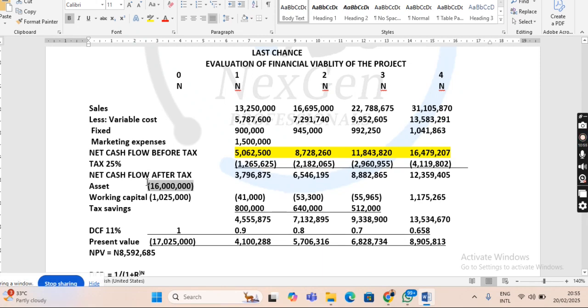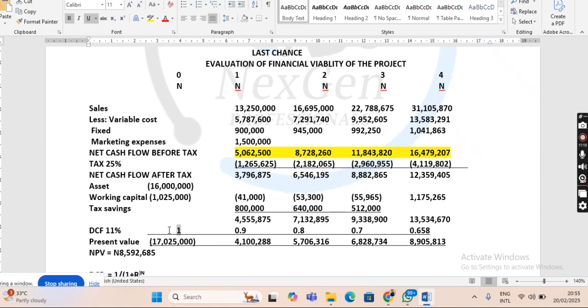Is that not so? Now, class, it is 16 million, right? What will be the present value? The present value is that value multiplied by the DCF. When you multiply the value times the DCF, it gives you the what?